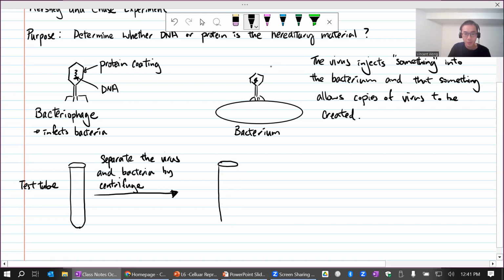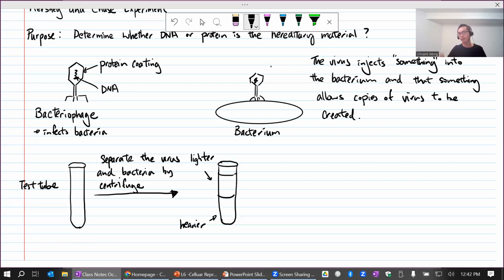And the way that this works is heavier stuff is going to go to the bottom. So this is where the heavier content goes, and this is the lighter content. Based on the drawing and the understanding of the size of things, what's heavier? Is the bacteria heavier? Is the virus heavier?